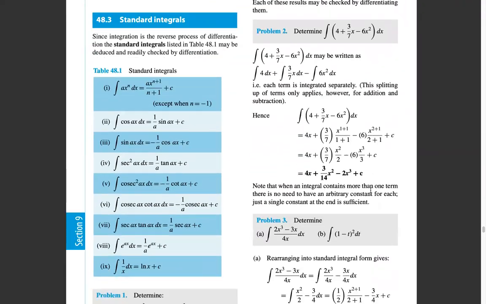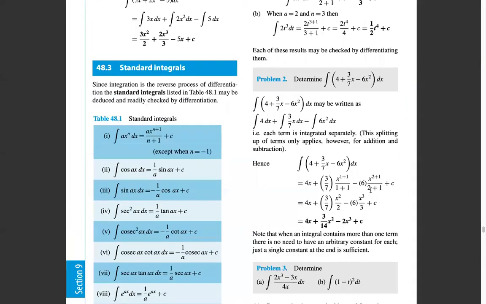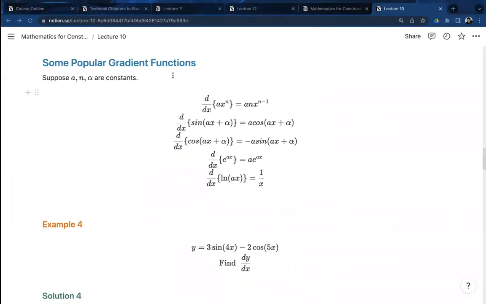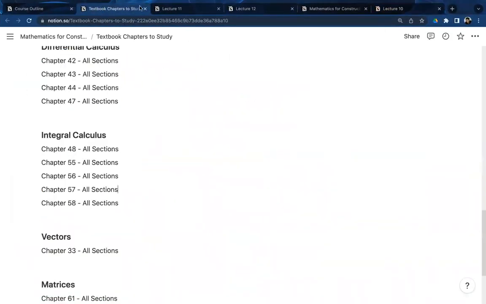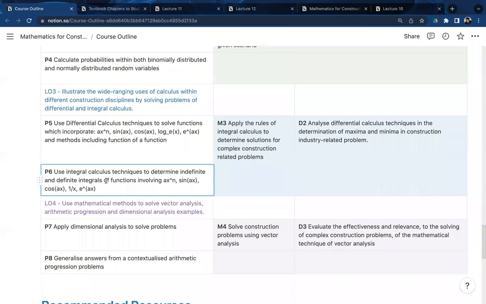These are some standard integrals here. I'll write down the ones we need to focus on, because your syllabus says which ones to focus on. So you see integral calculus of ax to the n, sine, cosine, 1 over x and e to the ax. So let me summarize these here for you.